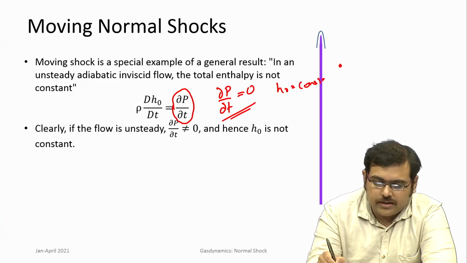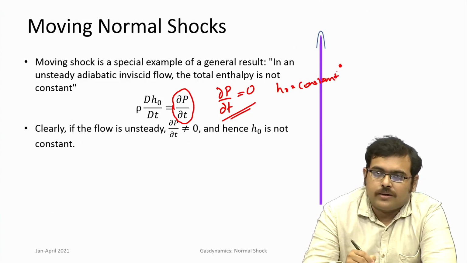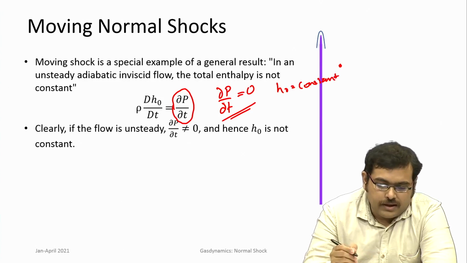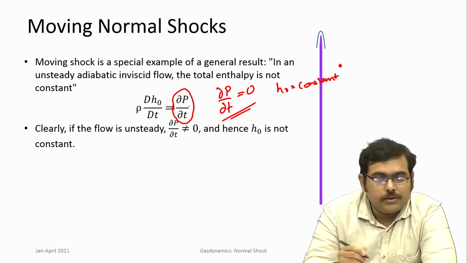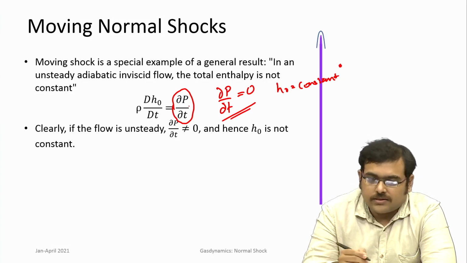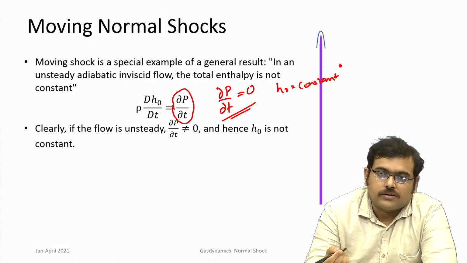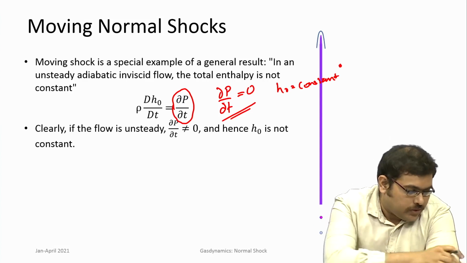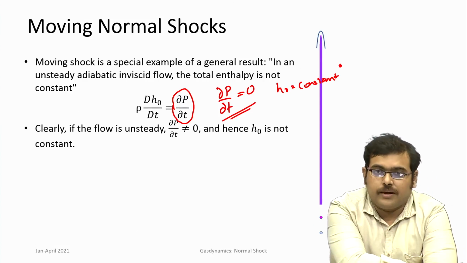But in a moving shock wave, which is an example of an unsteady flow, dou P by dou t is not 0. As a consequence, H naught is not constant. So, that one should bear in mind.